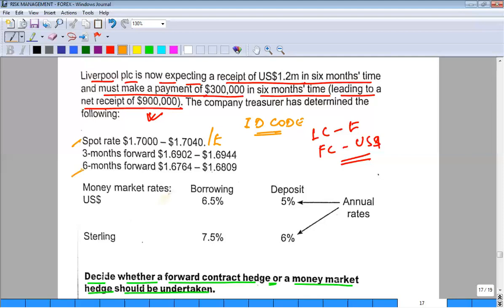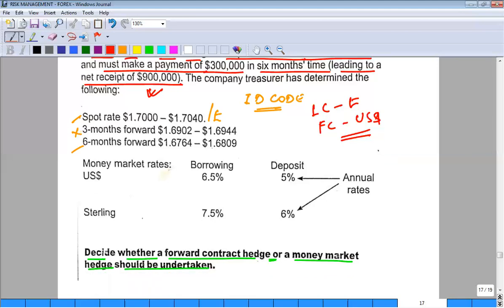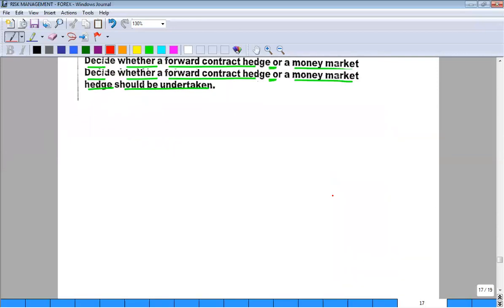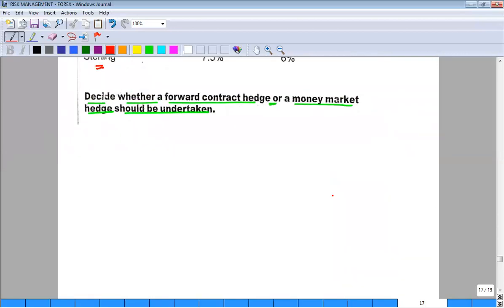Spot and 6 months; 3 months is irrelevant in this case. Money market rates, borrowing and deposits, US and sterling, annual rates. So we have to determine this.